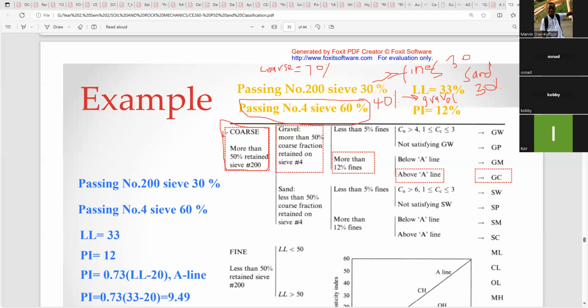Okay, so the gravel and the sand, what do you choose? You give me a reason after that.